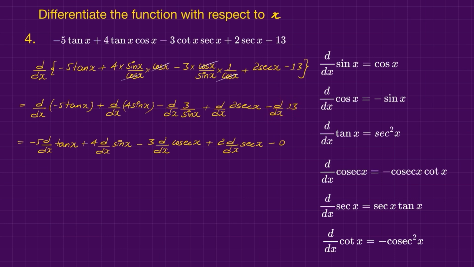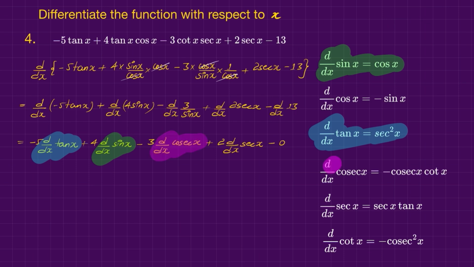So now here, as you can see, we will need d/dx of tan x, and the formula for d/dx of tan x is sec square x. Similarly, d/dx of sin x is cos x, and d/dx of cosec x is minus cosec x cot x, and d/dx of sec x is sec x tan x. So we will be using all these formulas here.